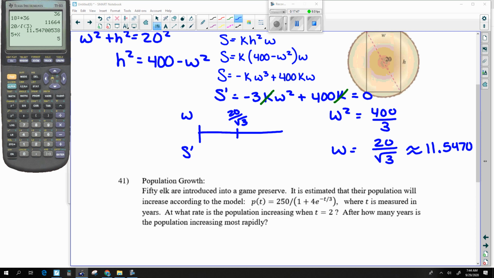The derivative is negative 3w squared plus 400k. Again, negate the k. So that's a positive number. Anything bigger than that, let's test the number 15. It's a negative number, so that is indeed a maximum.